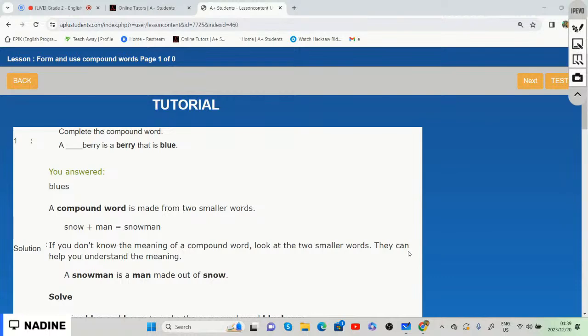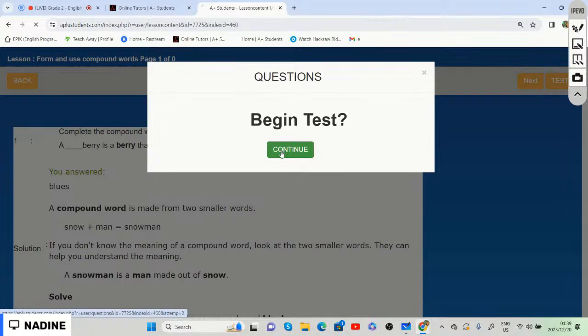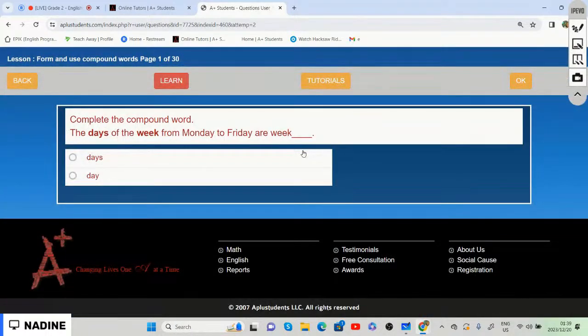All right. So now we're going to our test where we're going to form and use compound words.